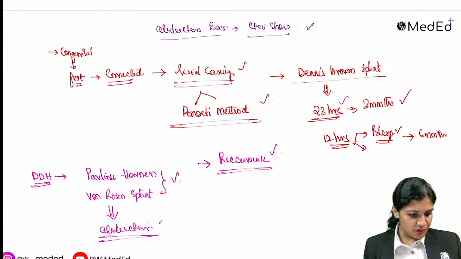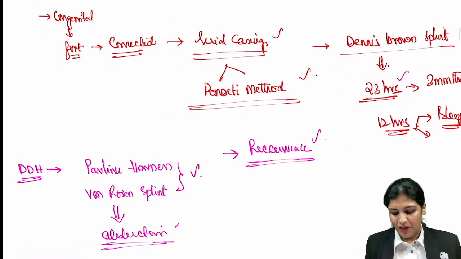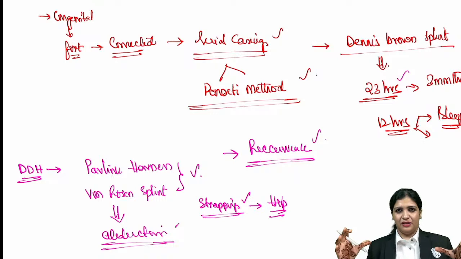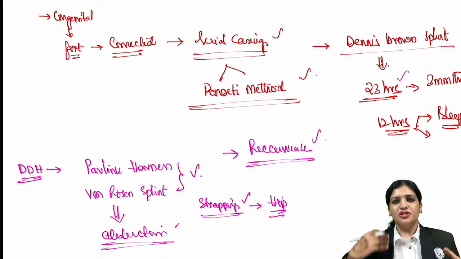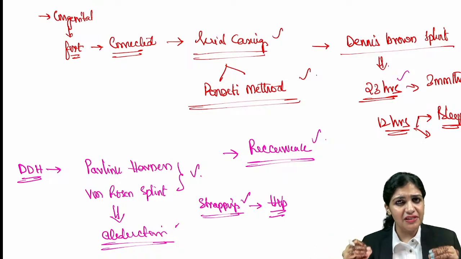How to differentiate between the two? In case of von Rosen splint or Pavlik harness, you see this strapping which is present, and these are extended because you have to put the hip into abduction, right? So you see the strapping placed over the body surface, and in case of Dennis Brown splint, they are limited only to the foot, because this is the abnormality seen in the foot, right?